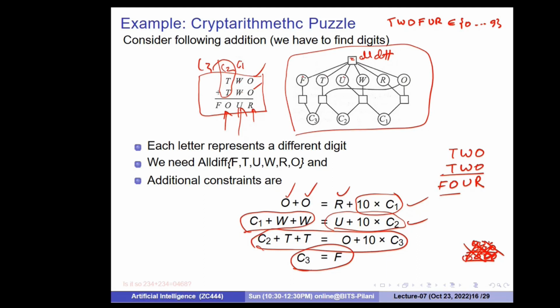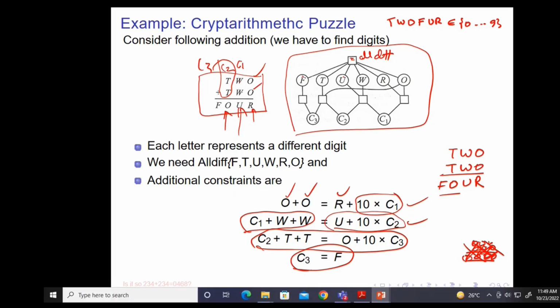Now, can you solve once again this same problem? So again, the same method, nothing other than this. You are going to say F, T, U, W, R, O. And since these are the auxiliary variables, you also put C1, C2, C3.